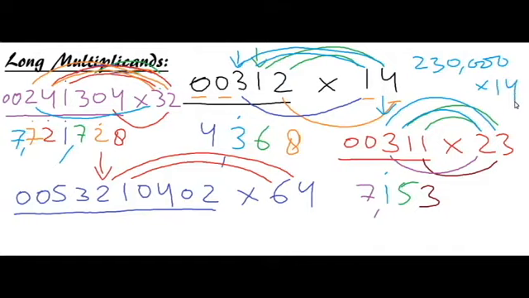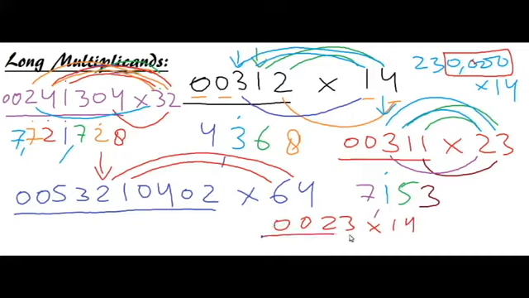So we don't take these zeros into consideration. We just put them aside. We just count the number of zeros total at the right side of multiplicand plus the multiplier, and then we just multiply 23 by 14, and in the last video we know that it is 322.